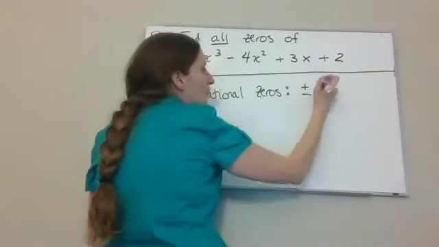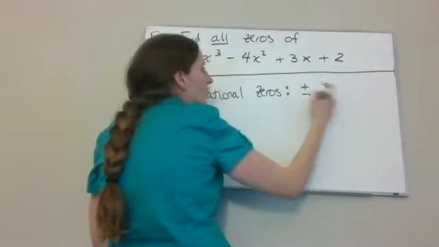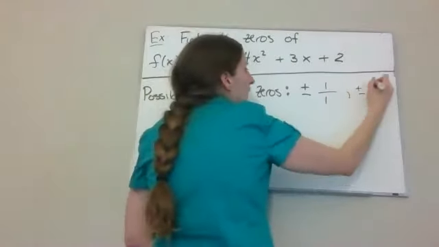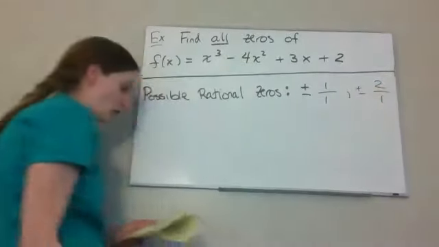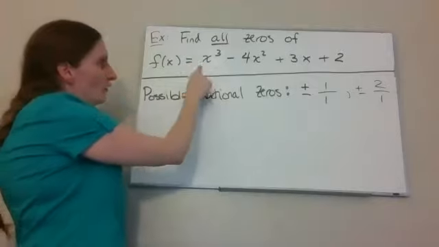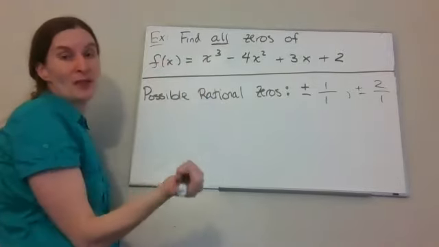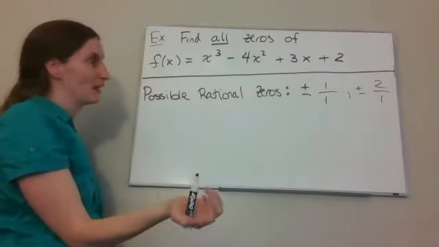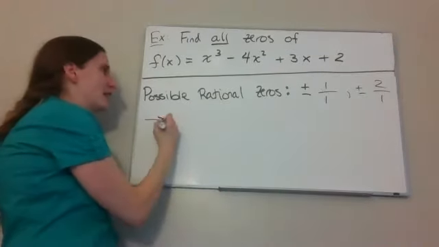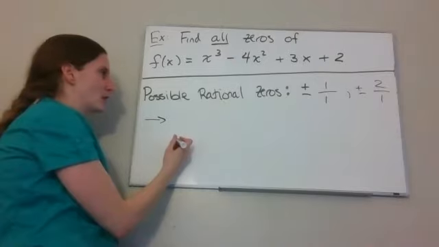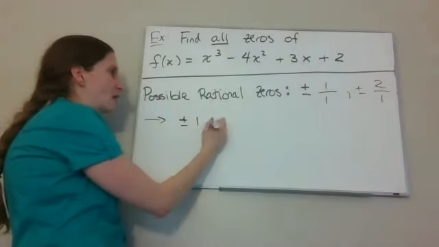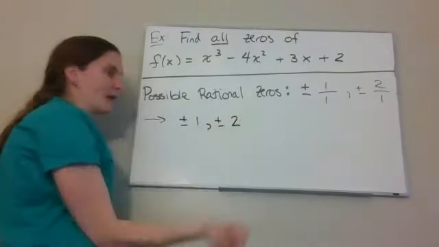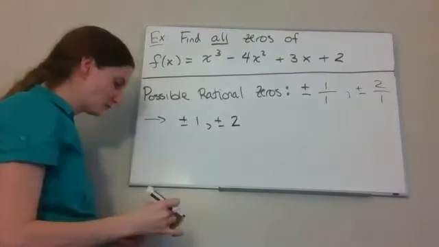So I have plus or minus 1 over 1 and plus or minus 2 over 1. The only factors I have in my leading coefficient are plus or minus 1. So this one's a lot less possibilities than our last example. When I simplify this, this means my possible rational zeros are plus or minus 1 or plus or minus 2. So we have 4 possibilities there.